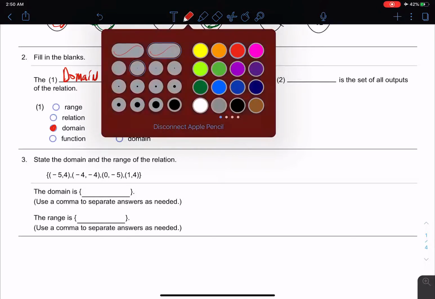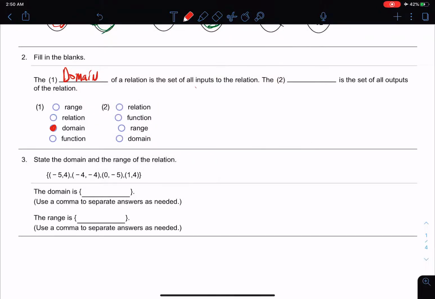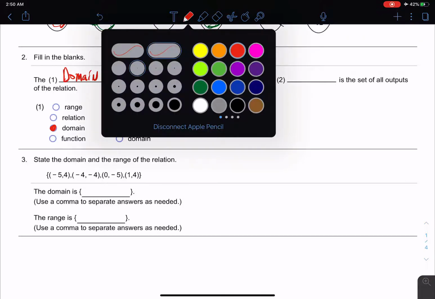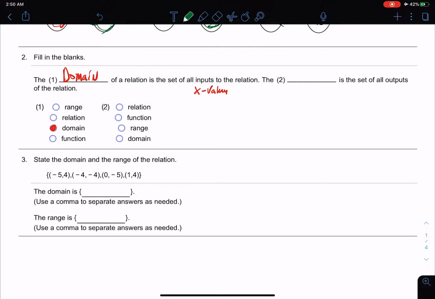Input values, in this case, are their x values, and it says the blank is the set of all output values of the relation, and the range is the set of all output values. In this case, we're talking y values. Okay, range, there it is. Got to bubble it in.